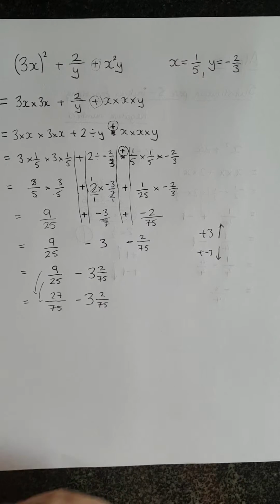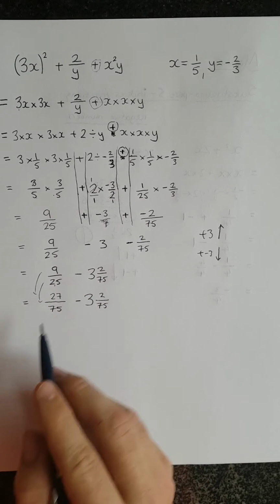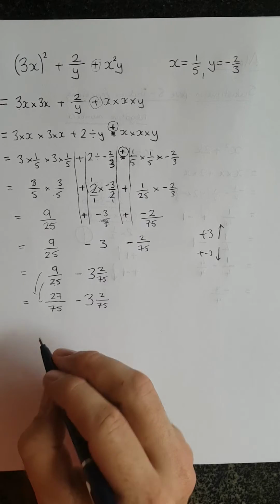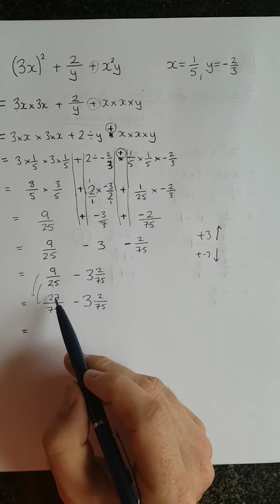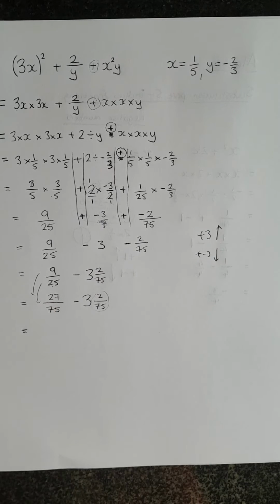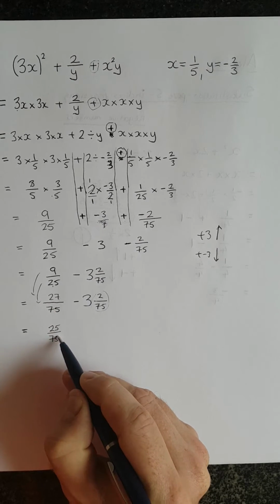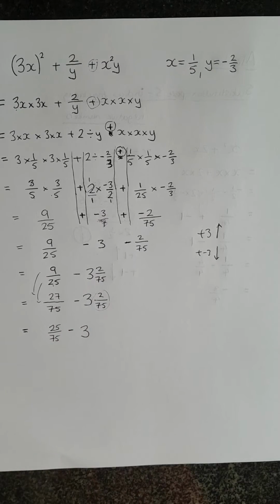Well done if you spotted that this one goes into that one. 3 of those make that, so there's no need to change it. Now, how do I do this? What I'm going to do first is take these 2 bits off here. So that leaves me 25 bits to take away 3.